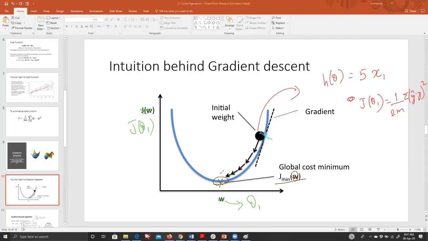Remember, the change will happen only on theta 1 level. Let's say this is 5, and the actual value is 2. So how would you reach from 5 to 2? Integrate? No, why would I integrate? I don't want the area.